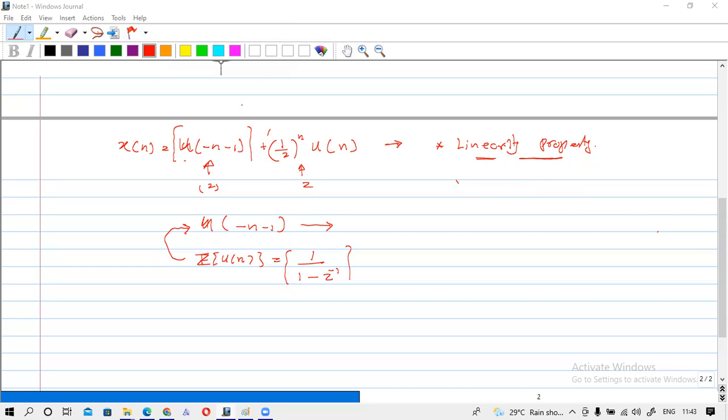Very good, we have to use the time shifting property, and another property. Yes, time reversal. Time shifting and time reversal you have to use. Now we will try to use this.